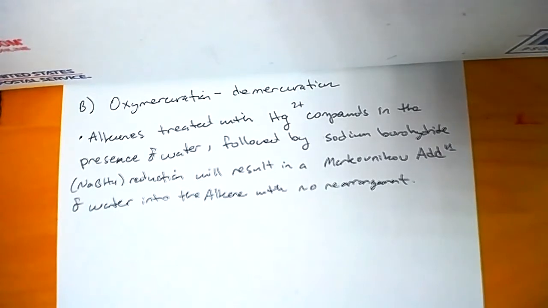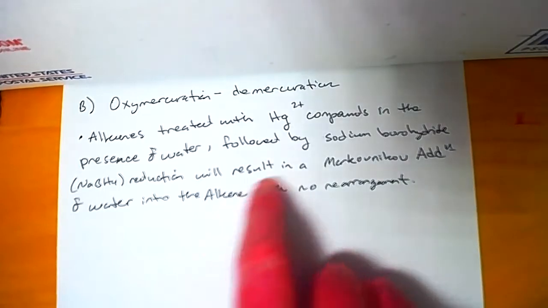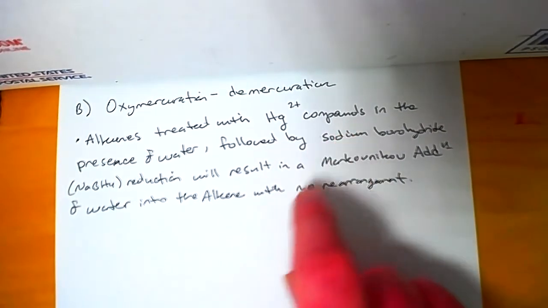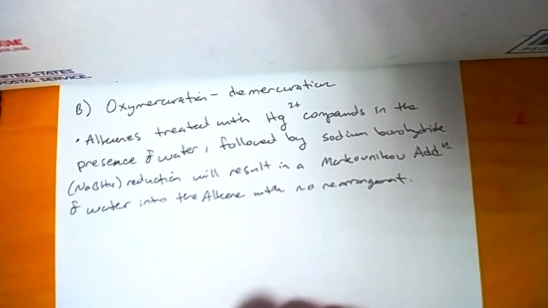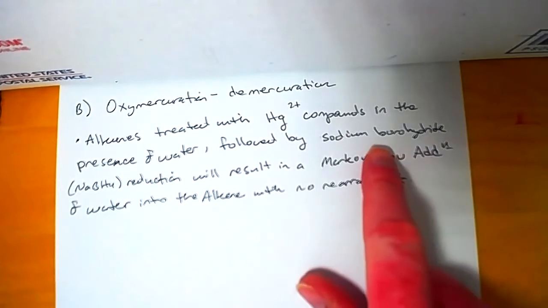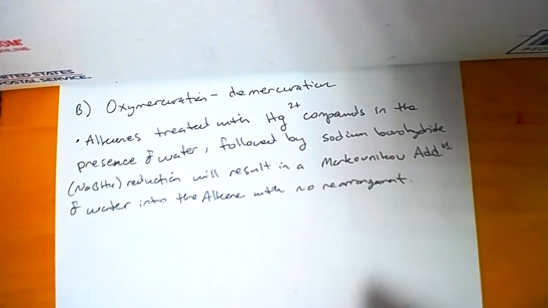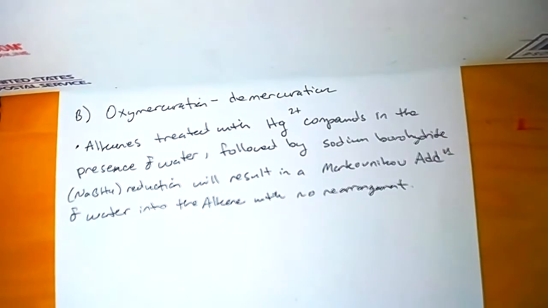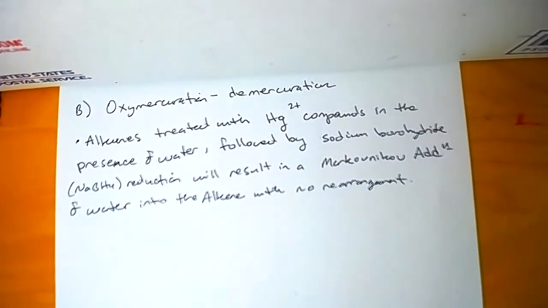One is known as oxymercuration-demercuration, which states that when you take an alkene and treat it with mercury(II) compounds, compounds that contain mercury(II) ions, in the presence of water, followed by sodium borohydride reduction. That's a reducing agent used for these types of reactions.